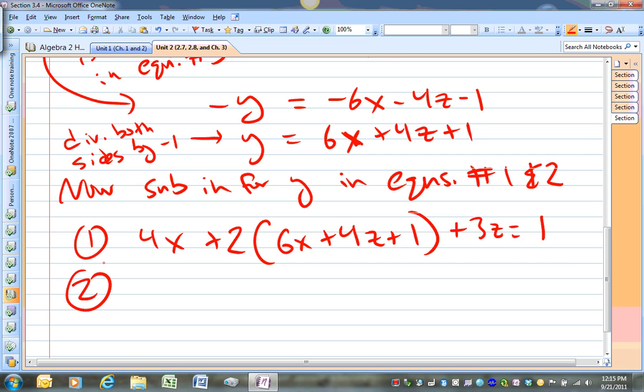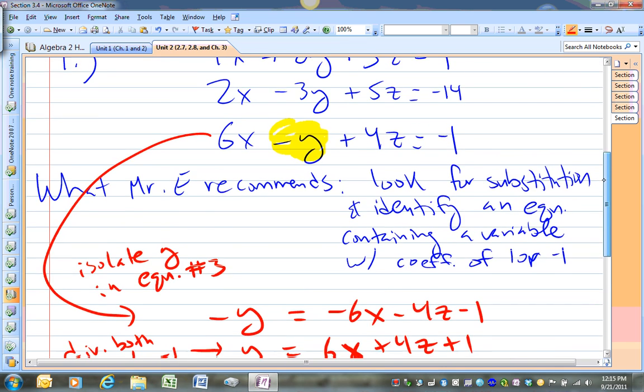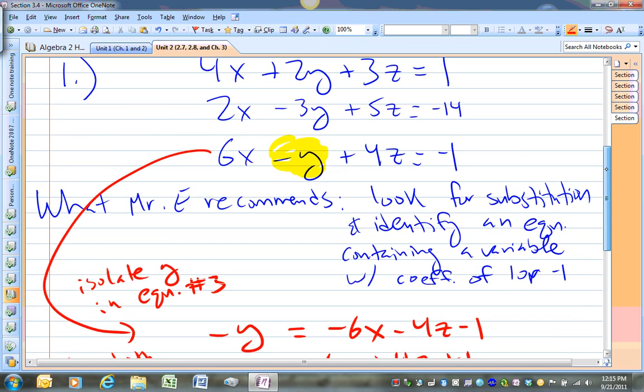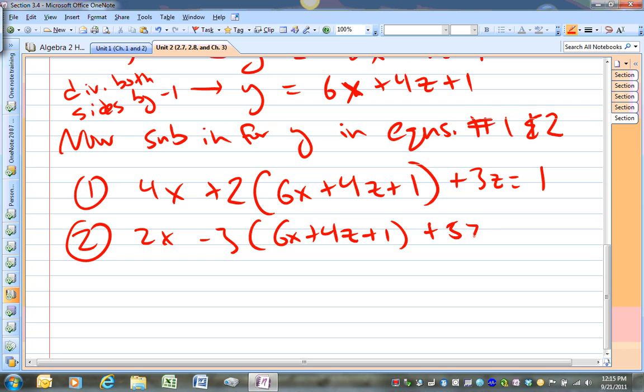Do likewise for equation 2. That will be 2x minus 3, 6x plus 4z plus 1, plus 5z equals negative 14. Okay, let's clean it up. So equation 1 becomes this: 16x plus 11z equals negative 1.